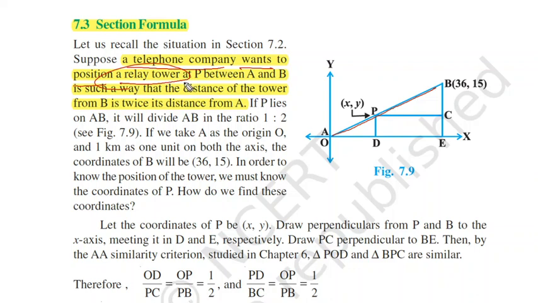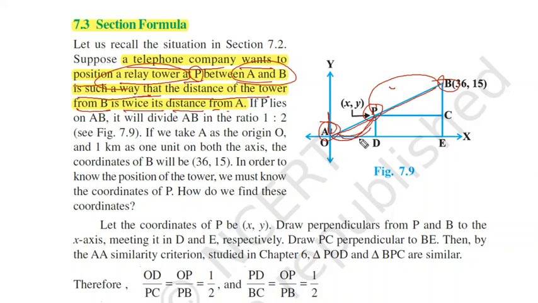The company wants to position the tower at point P between A and B, in such a way that the distance of the tower from B is twice the distance from A. So the distance from P to B should be two times the distance between A and P.